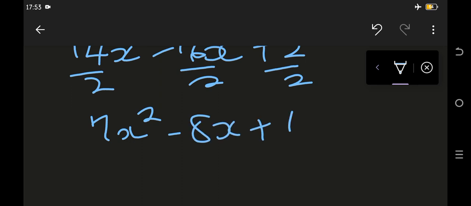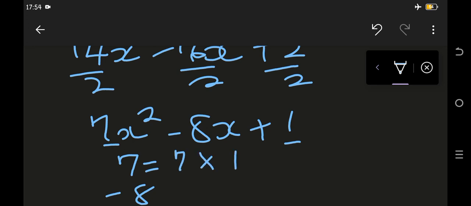So now we are going to look for two numbers such that when you multiply them, you're going to get 7, and when you add them, you're going to get negative 8. An easy way of doing this, as we said before, is to look for the factors of 7. And this is 7 times 1.